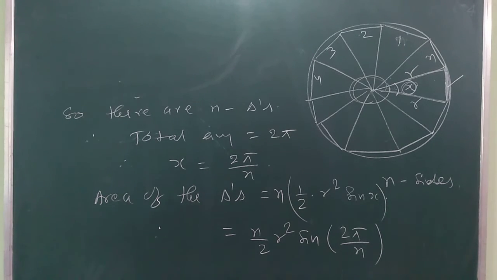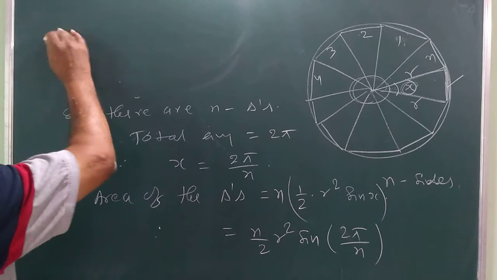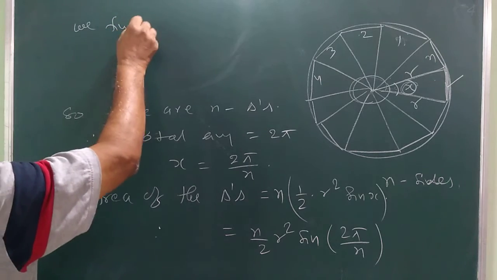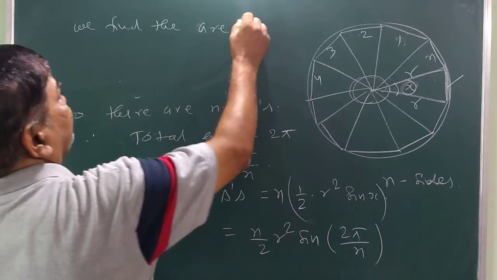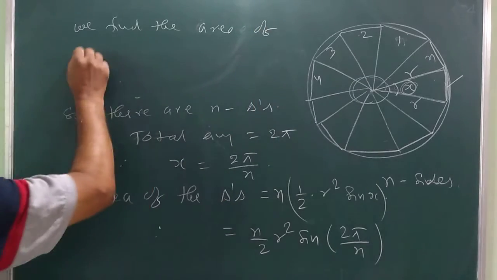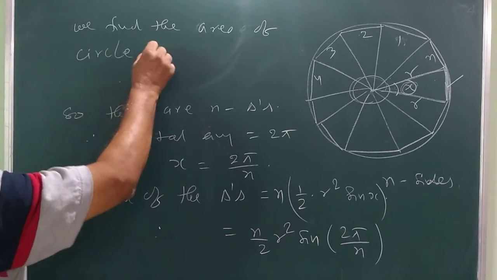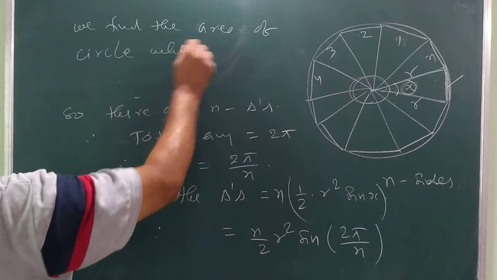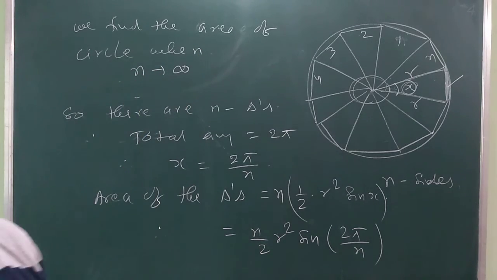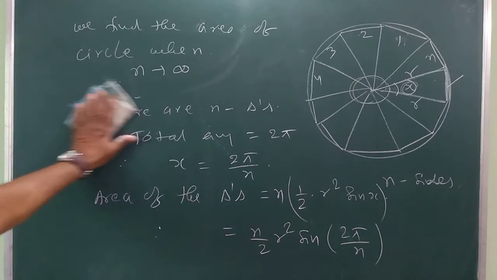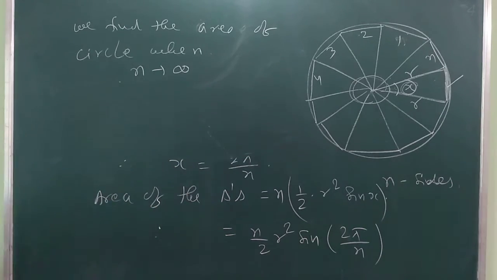Infinite. So we find the area of the circle when we take the value of n that approaches to infinite.